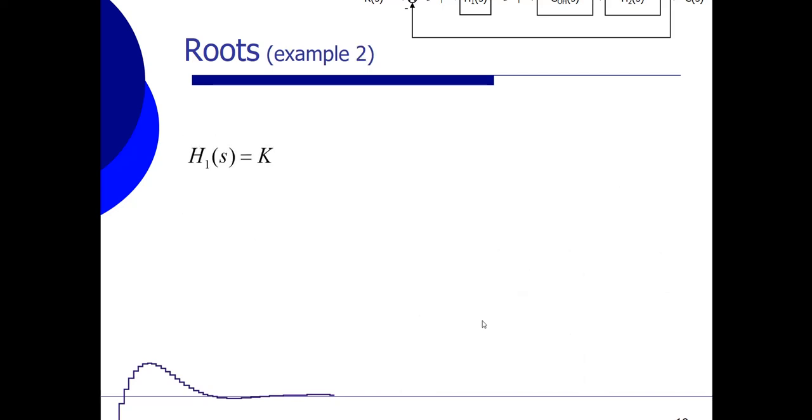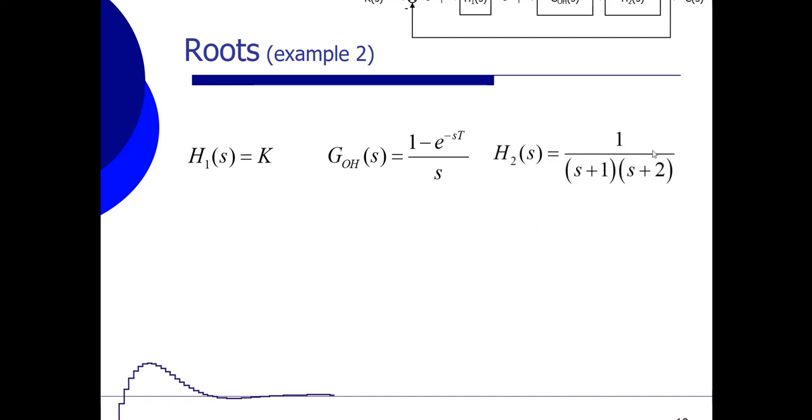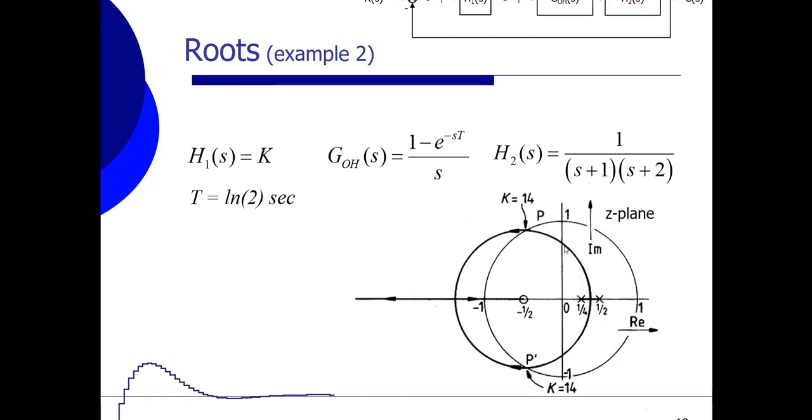For example, when we have a second order system, so when we have this kind of system for H2, and we define this in the Z domain and try to calculate the root locus, it will be really difficult to sketch by hand, so we're going to do that with MATLAB. For instance, when we draw that, you can see that we get a root locus which looks like this.